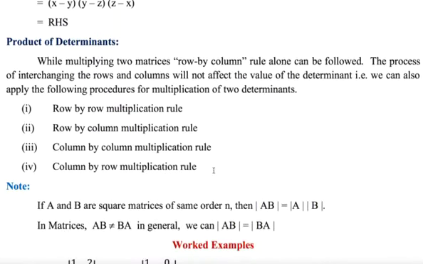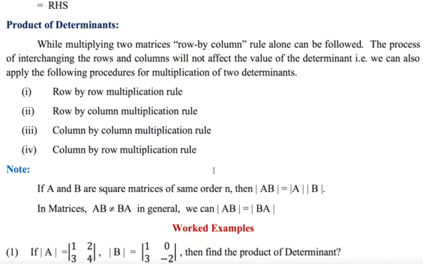Product of determinants. While multiplying two matrices, the row by column rule alone can be followed. The process of interchanging the rows and columns will not affect the value of the determinant.